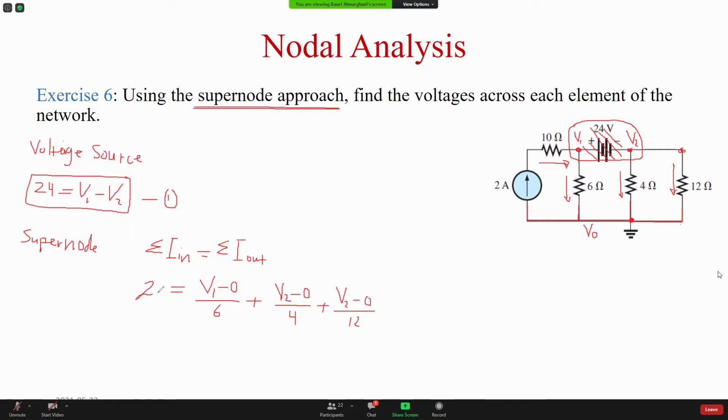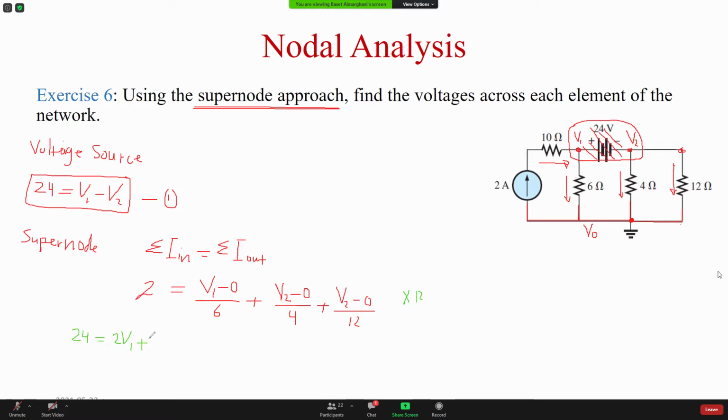Now I can simplify this equation by multiplying by 12. I'm going to multiply by 12 here just to simplify. So I have 24 equal to 2V1, because when I multiply by 12, 12 divided by 6 is 2.